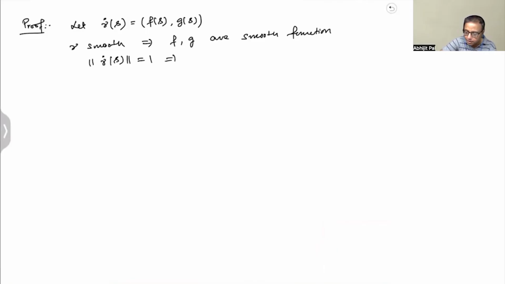So this will imply that F squared plus G squared is equal to 1 for all s in the open interval AB. Okay. So now how to find this phi? We can do a back calculation.